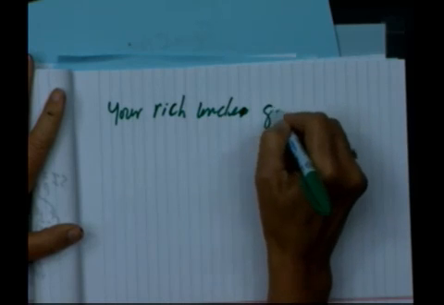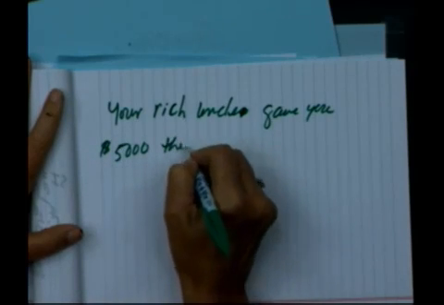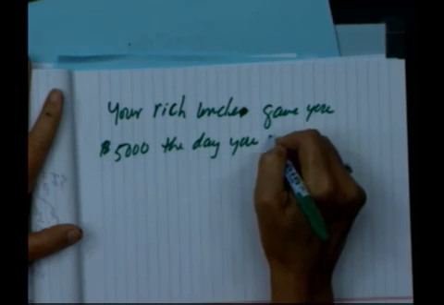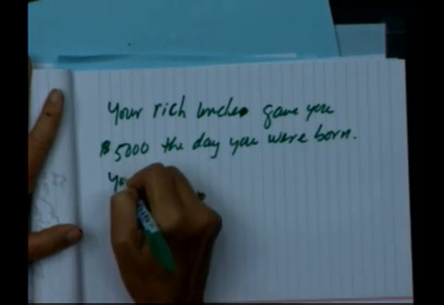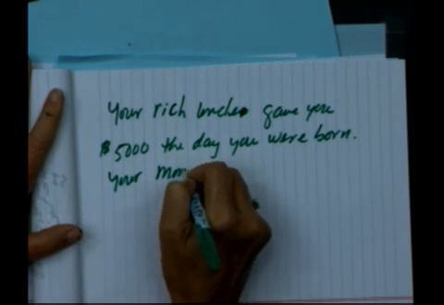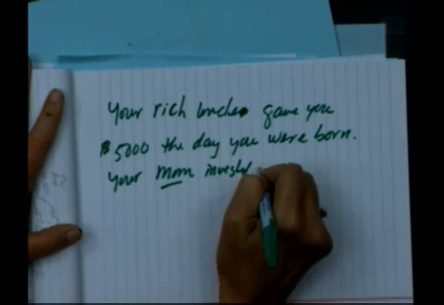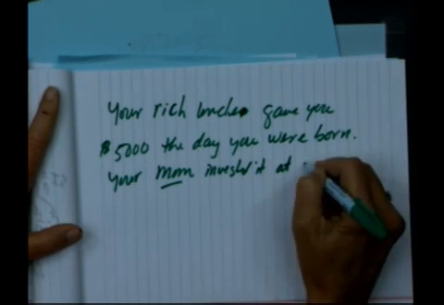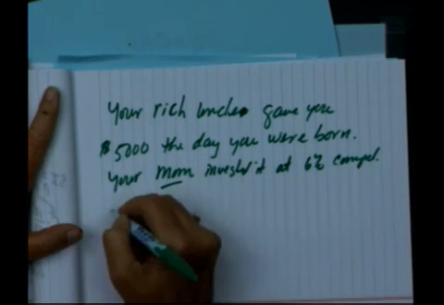Uncle gave you $5,000 the day you were born. Your mom, because moms are smart, invested it at, we'll say, 6% compounded monthly.